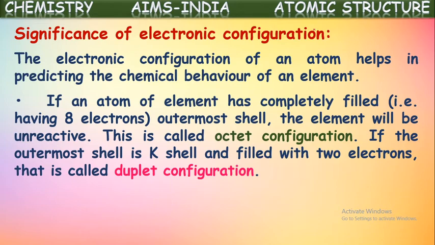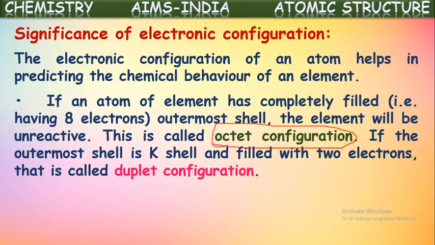This configuration, where there are 8 electrons in the outermost shell, is called octet configuration. Octa means 8. Octet configuration means an element configuration in which there are 8 electrons in the outermost shell. That is called octet configuration.